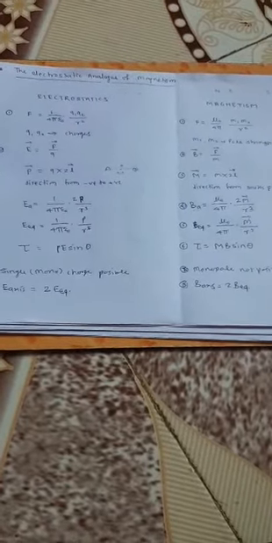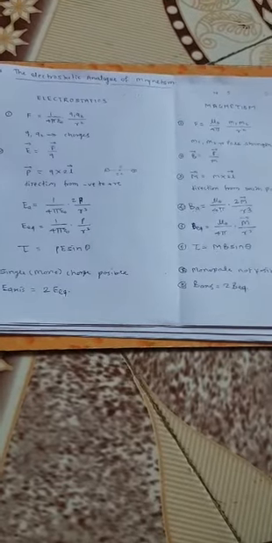These are the similarities between electrostatics and magnetism. In electrostatics, Q1 and Q2 are the charges. In magnetism, M1 and M2 are magnetic pole strengths. In electrostatics, E is the intensity of electric field.